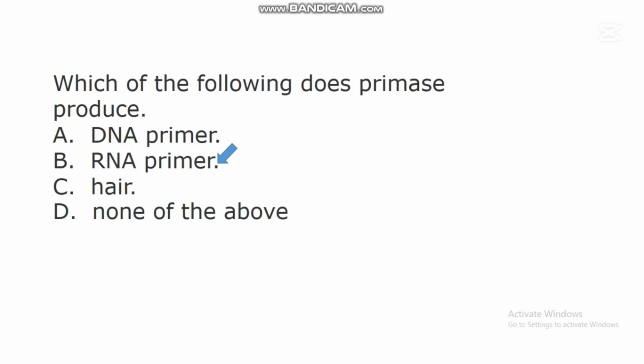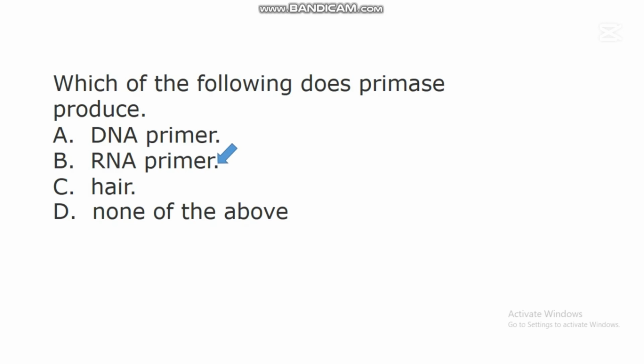RNA primer. Research has shown that primase is an enzyme that helps to start DNA synthesis in the body system. So DNA synthesis is mainly coordinated by another enzyme which is different from this primase.